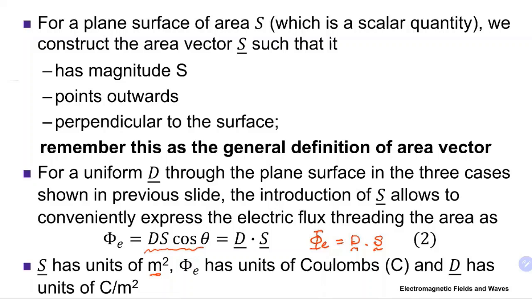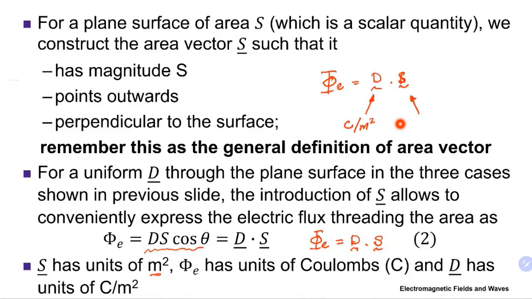Okay, so our electric flux density unit is coulombs per meter squared. Our surface vector is meter squared, and therefore our electric flux is coulombs. Okay, so our electric flux equals D dot S. We know that D is coulombs per meter squared.